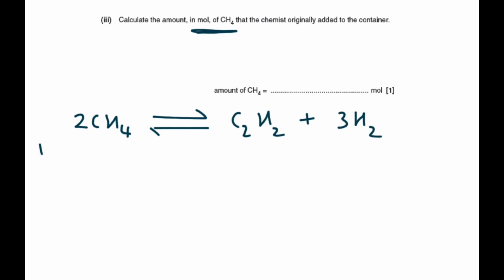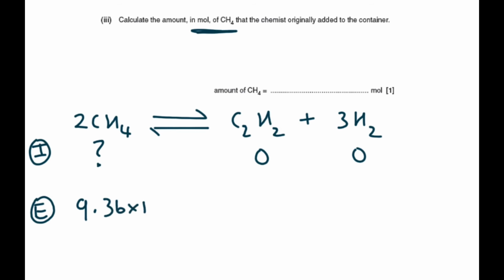We've got the initial moles, which we don't know. That's what we don't know. And we've got initially none of those. We've got the equilibrium moles, which we know to be 9.36 times 10 to the minus 2. We've got the equilibrium moles of ethine, which we know, 0.168, and we've also worked out the equilibrium moles of hydrogen.